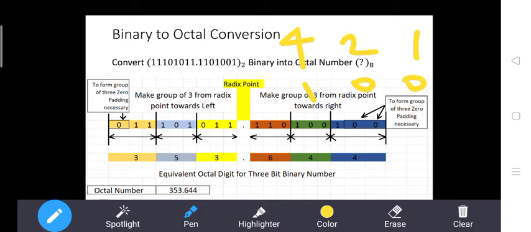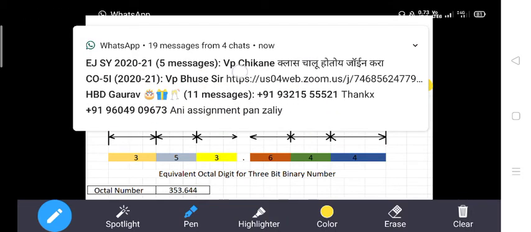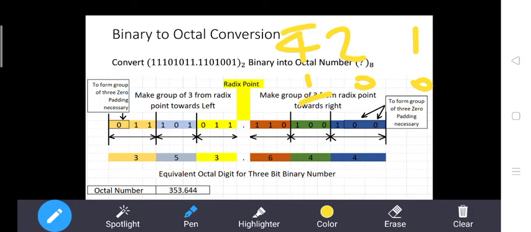Only 1 is present at only 4 location, so my octal number is 4. Next, 4 2 1. Number 1 0 0. Again 1 is present at only 4 position, so my octal number is 4.